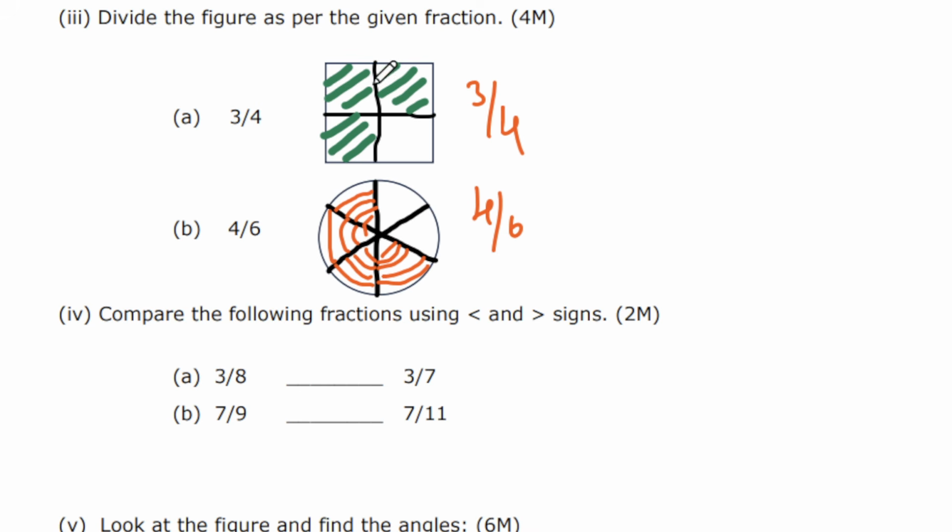If you see here, which is bigger, 3 by 4 or 4 by 6? 3 by 4, because the denominator here in 4 by 6 is bigger. So here 3 by 8 and 3 by 7, when we compare, 3 by 7 is bigger. Likewise 7 by 9 or 7 by 11. So which one is the bigger part? This one.